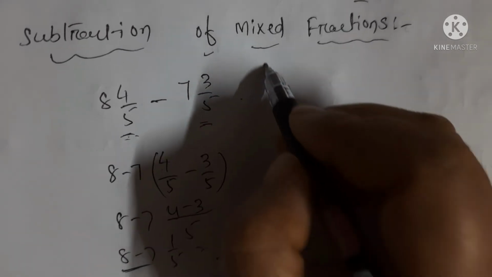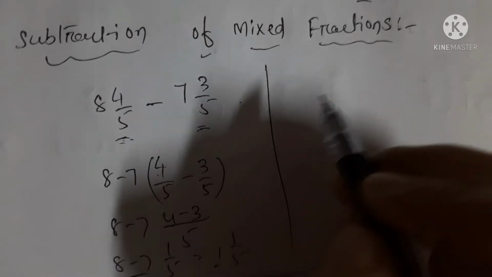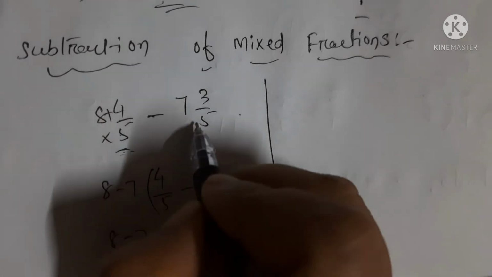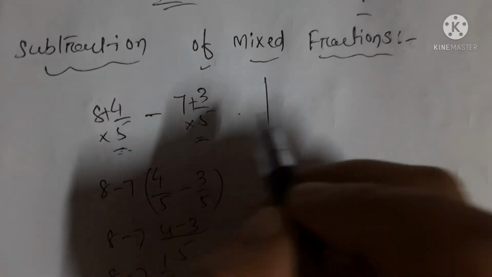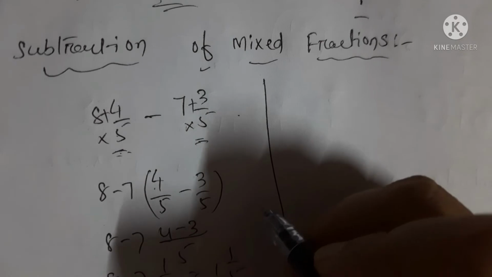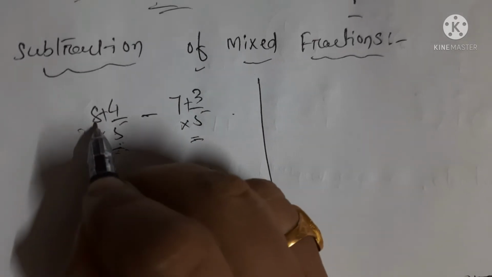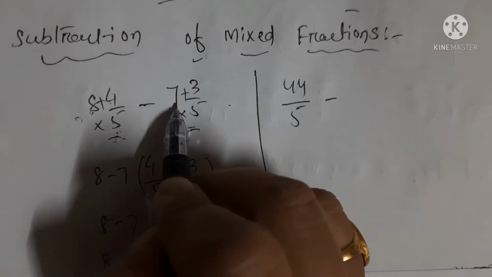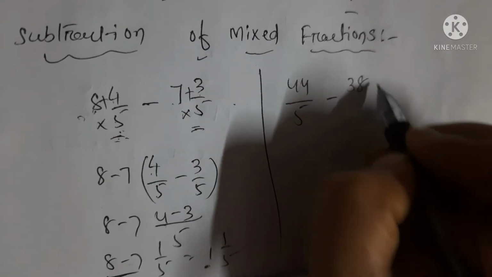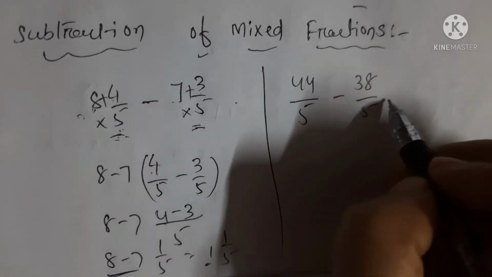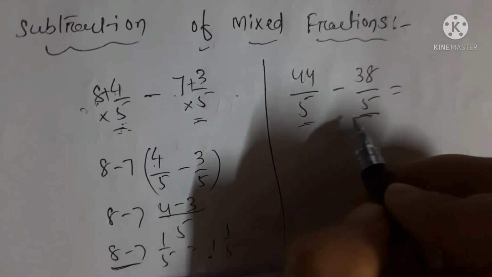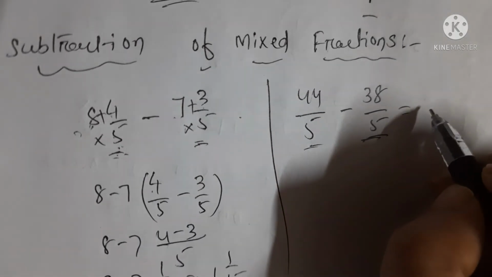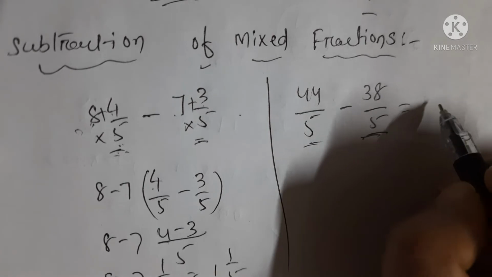Okay, now another way, let us see. If you do this another way, then by making these into improper fractions you can do this problem. How? 5 eights are 40, 40 plus 4 is 44 by 5, minus 5 sevens are 35, 35 plus 3 is 38 by 5. Now here both denominators are the same, so in like fractions you need not take any LCM. Directly you can subtract or add.